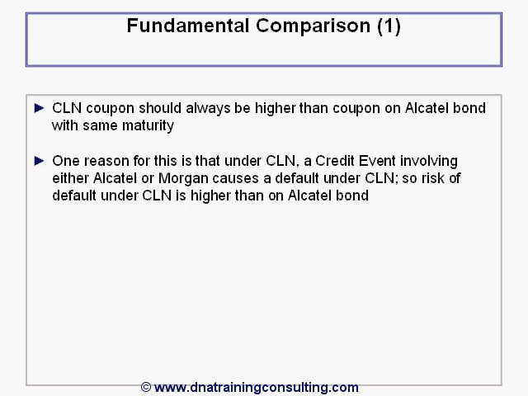The first reason, which we discuss now, is that a default under the CLN occurs if either Alcatel, the reference entity, or JP Morgan, the issuer, experiences a credit event. So the risk is necessarily higher than the risk of default on the theoretical bond issued directly by Alcatel.